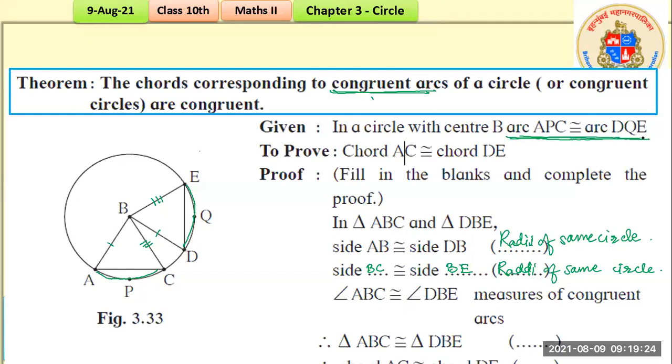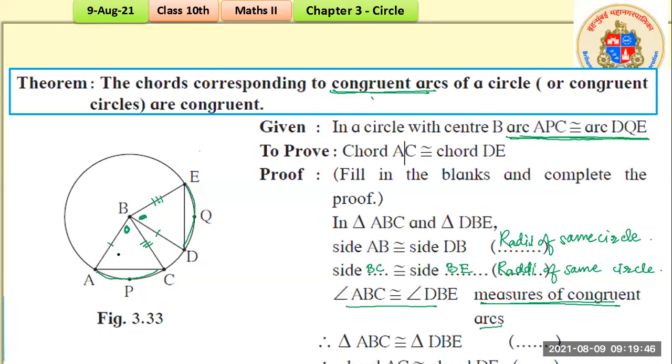If the arcs are congruent, the central angles will also be equal, right? The arcs are congruent, therefore we can say that the central angles are also equal. So angle ABC over here and angle DBE, this angle.